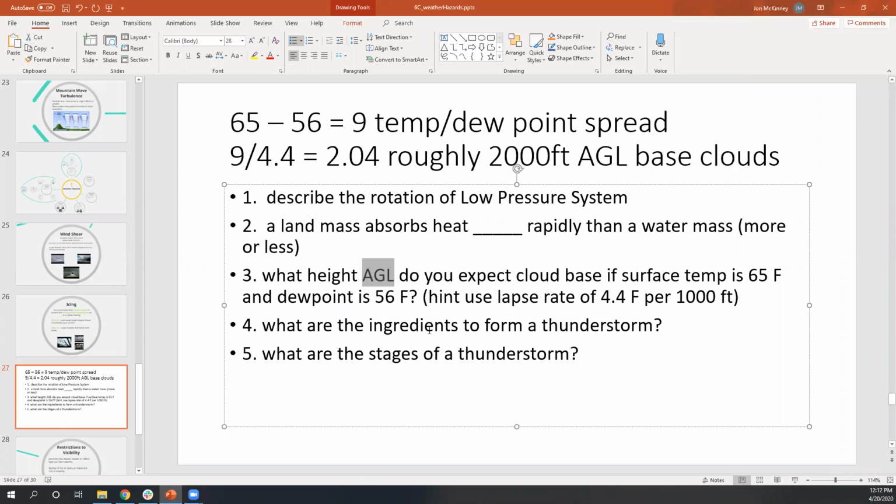But if there are other questions on the written exam that might ask MSL, mean sea level, and the question was asking about mean sea level, then you might have to do an extra step of math with field elevation. So I'm guessing that maybe the field elevation in your example problem was 1,000 feet, and you had to either add or subtract to compensate for that 1,000 foot field elevation to begin with, maybe.